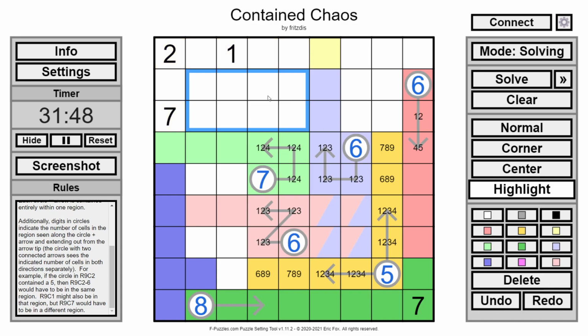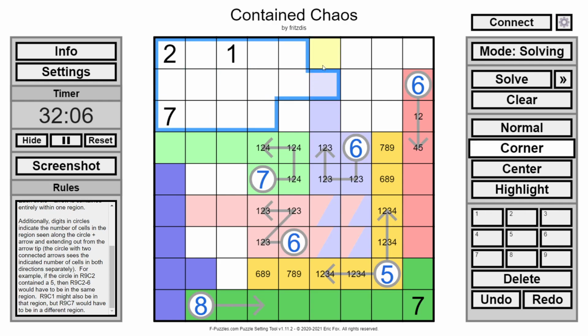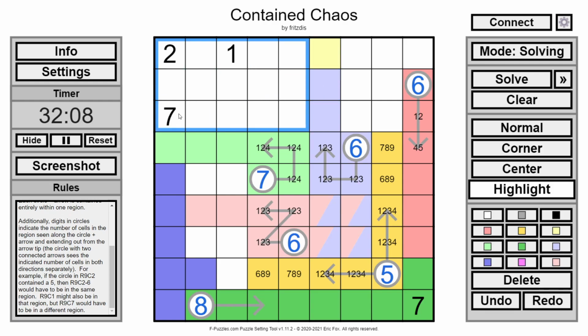Let me count here real quick. Yeah, we only have 8 regions so far. So we need a whole another 9th region, which looks to me like it's going to go up here. Whoops, not in there. It's going to go in here. So if we made this light yellow, we would be taking way too many cells away from that new region or the last region.